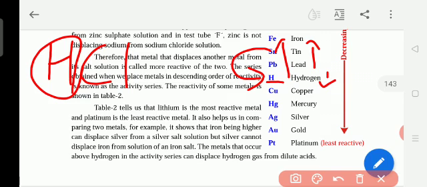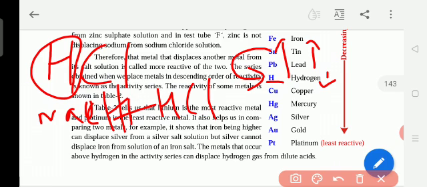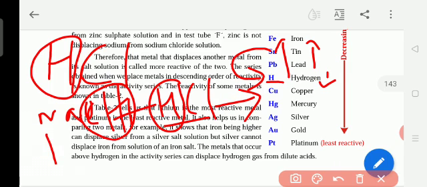Now, if we take the example of the displacement reaction with acid and base, take NaOH plus HCl. NaOH is the base, HCl is the acid. The presence of H shows the acid, the presence of OH shows it is a base in the compounds. Sodium is the more reactive, hydrogen is the less reactive.